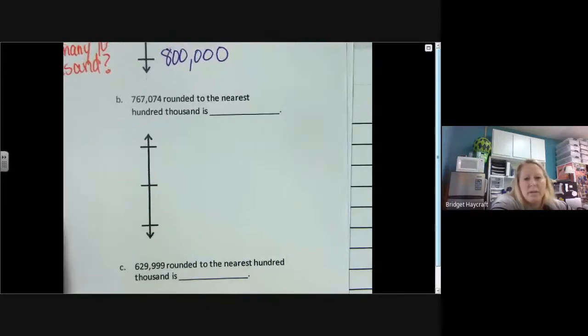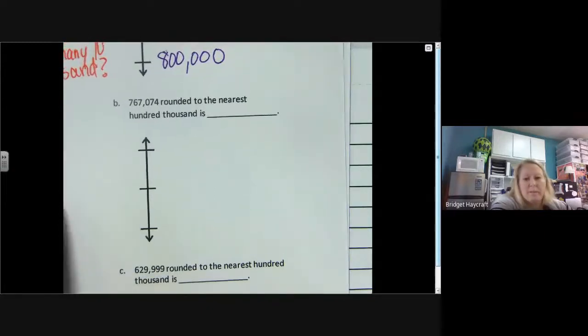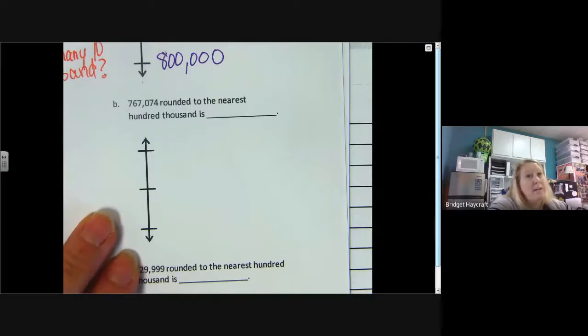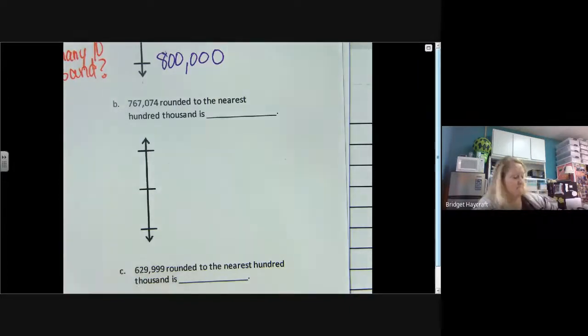Here's the next one. I need you to write it down on a piece of paper because I'm going to send y'all into breakout rooms. So make sure you've got this one written down and make sure you know what you're rounding it to. So when I send you to breakout rooms.